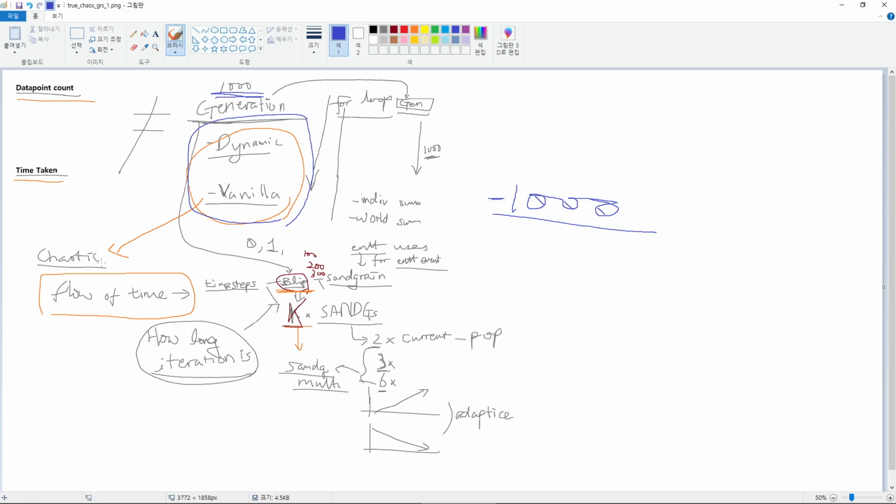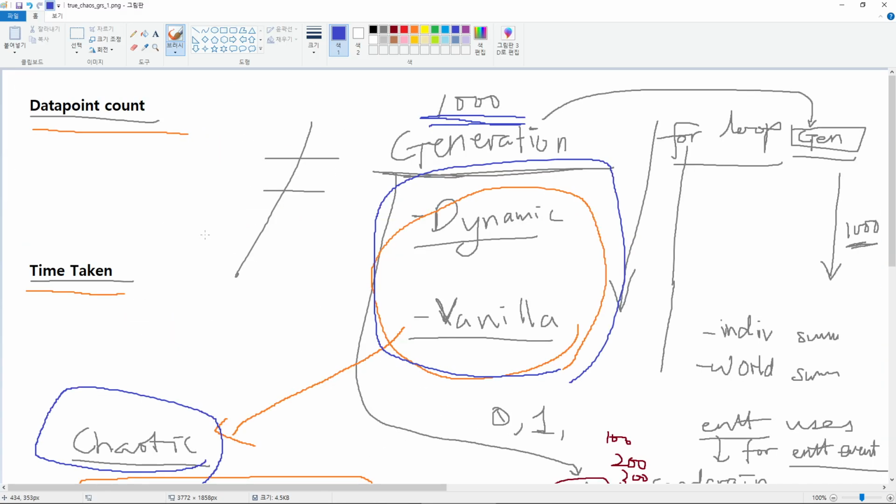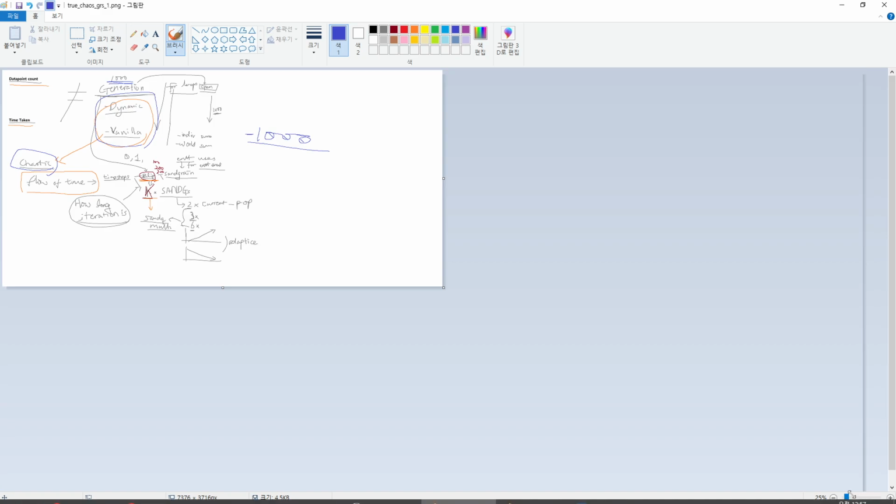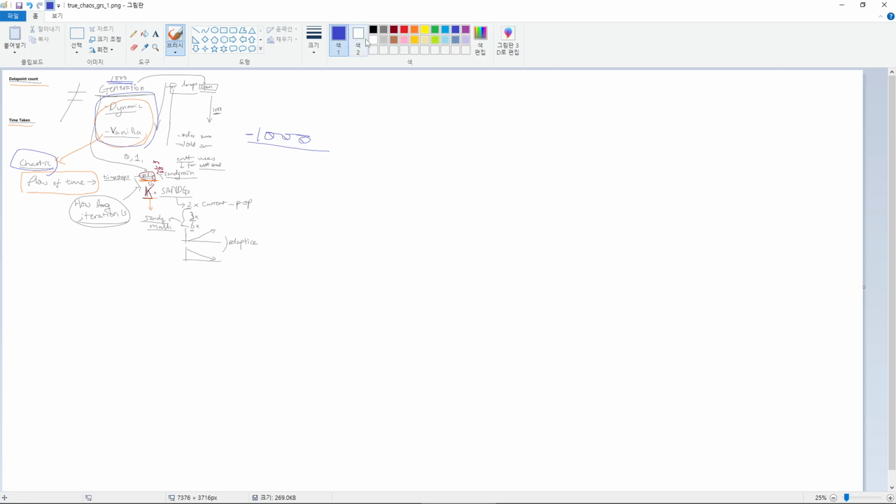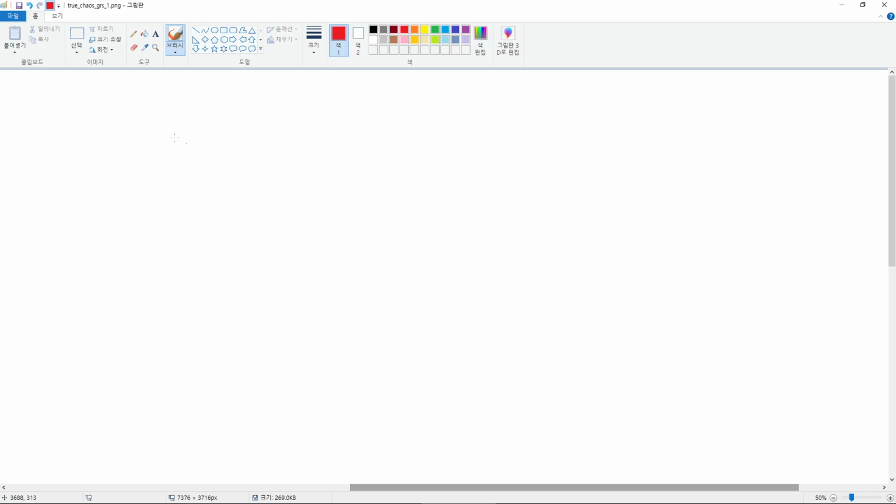But in the chaotic world of chaotic genetic algorithms, that's not the case, mainly because I would start with blip 0, and I set it so that the first blip would only have a fixed constant number of sand grains.